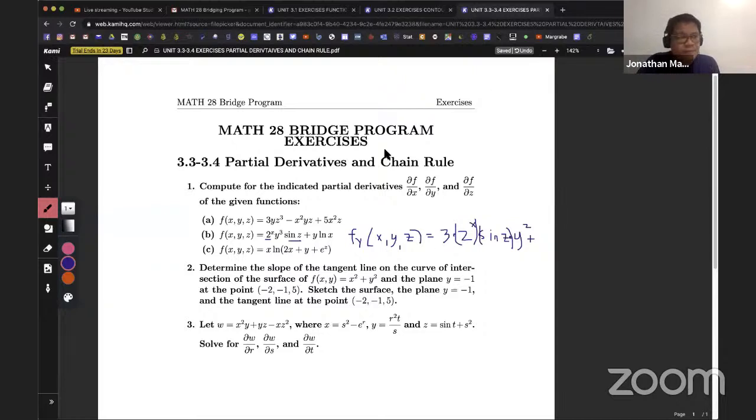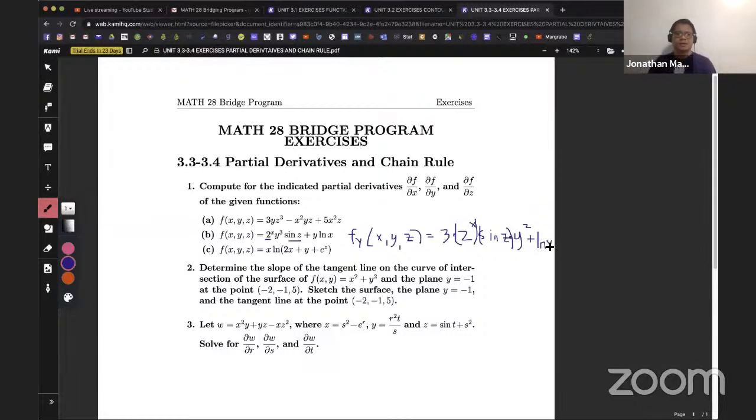That's correct. The derivative is ln x. Why? Because in this function, ln x is considered as a constant. So ang variable lang natin dito ay y. And we know that the derivative of y is just 1. So that will be ln x.